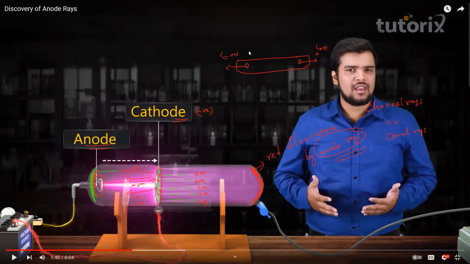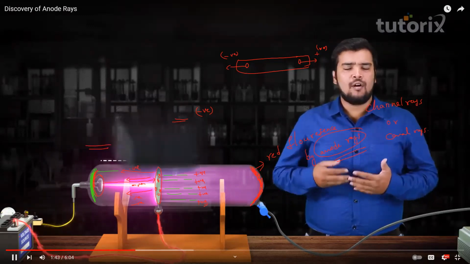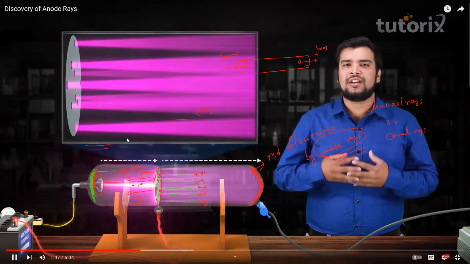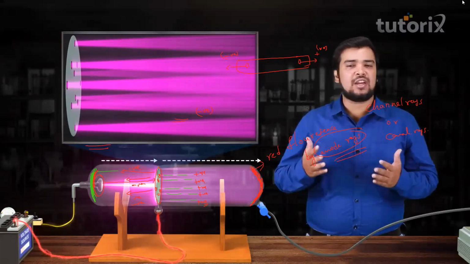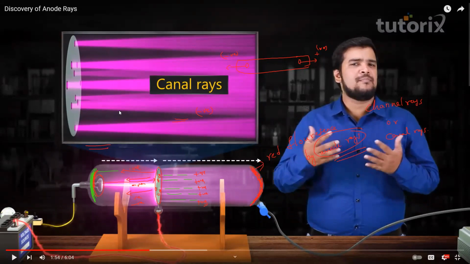Padma, understanding? Sanjay, Prardhana, Prudvi? He saw that these rays were passing through the holes in the cathode. He compared this to rays passing through canals, and that's why he called these rays canal rays. And canal we can also call channels, so channel rays also.